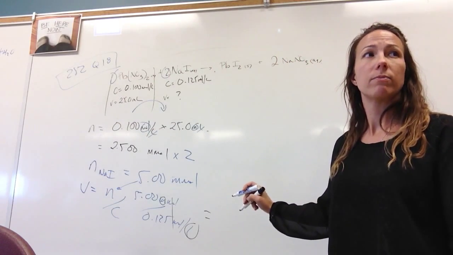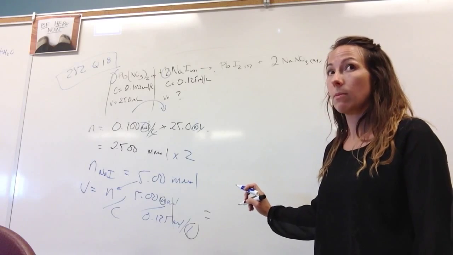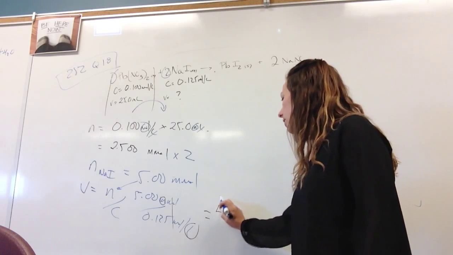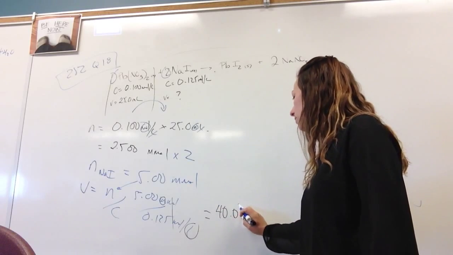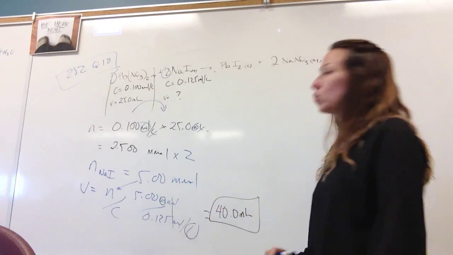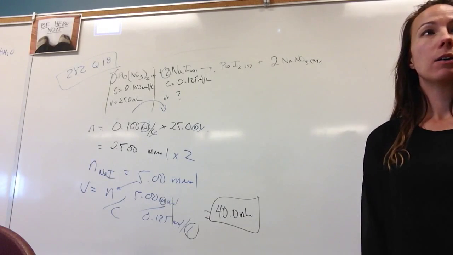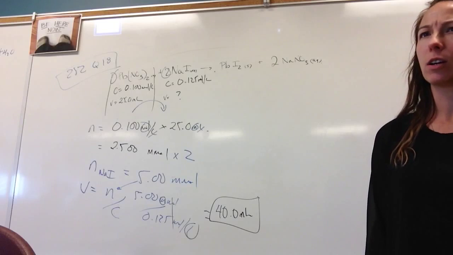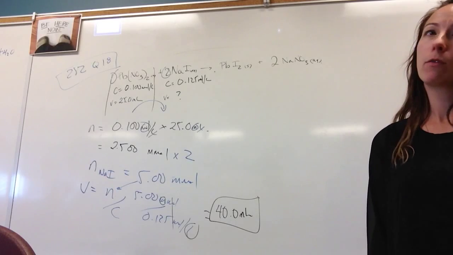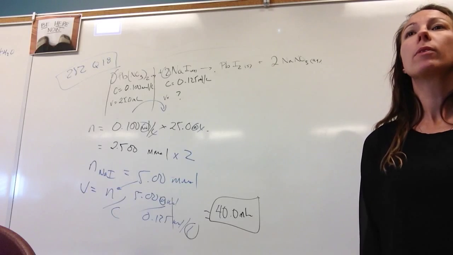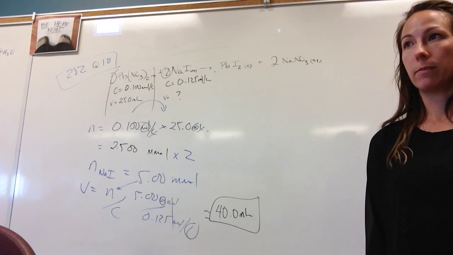What's your answer? 40 milliliters, I believe, if I remember from period 2. That way I don't need to convert and then convert back. 40 mL. Everybody happy with that? Everybody remember that from Chem 20?